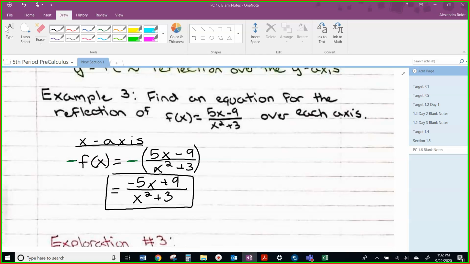Now, when I flip it over the y-axis, the negative goes inside of our parentheses. So now, every time I see an x, I am replacing it with negative x.